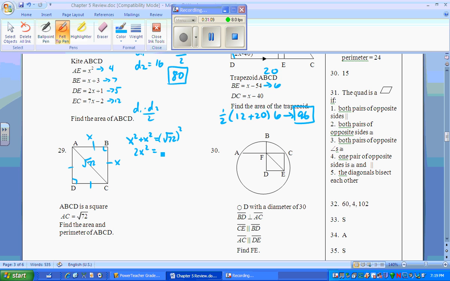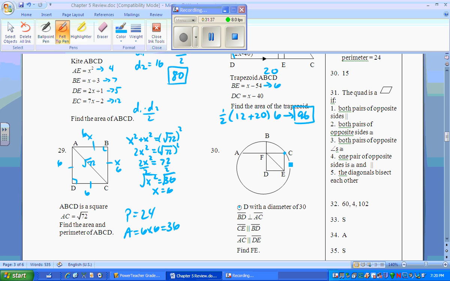So we get 2x squared is equal to the square root of 72 squared, which is just 72. Divide by 2. X squared is 36. Square root that. X is 6. So this side is 6, 6, 6, and 6. Perimeter ends up equaling 24. Area equals 6 times 6, which is equal to 36.